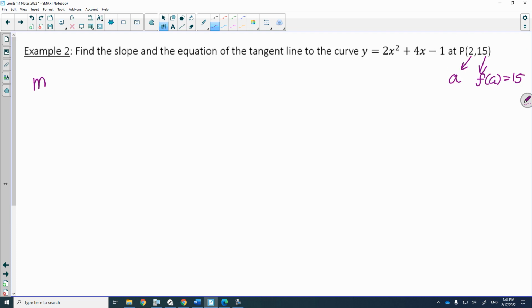So the slope of the tangent line is equal to the limit as x approaches a of f of x minus f of a all over x minus a. Again, we know what our a value is. Our a value is 2. I know what f of x is, my function is right here. And I know what f of a is, f of a is 15.